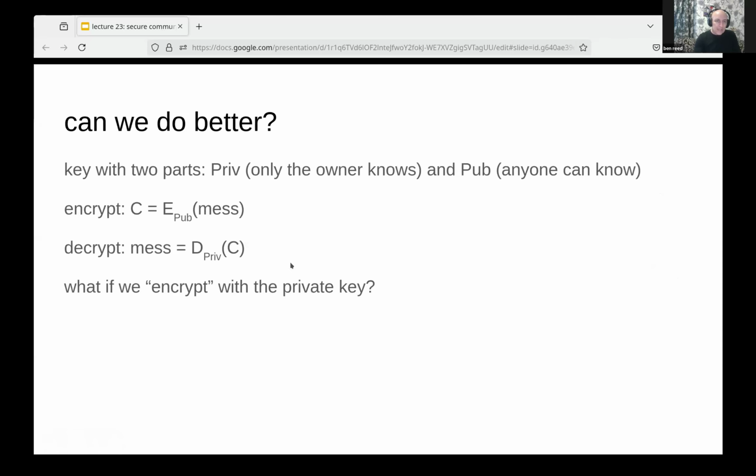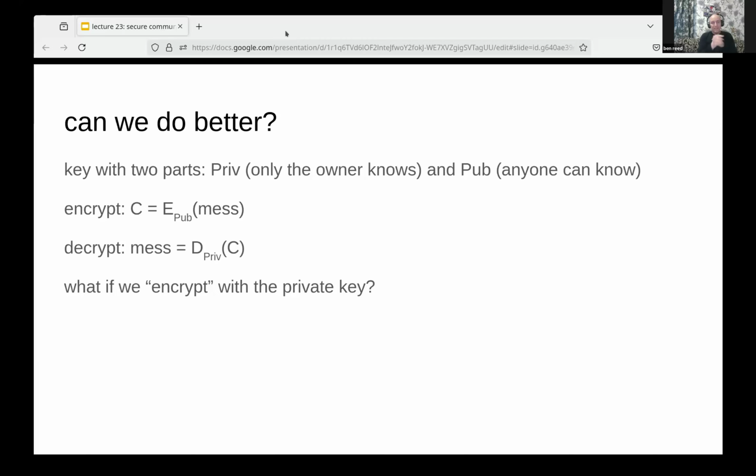Whereas in this slide, this ciphertext that corresponds to the message can only be decrypted by the owner of the private key. Does that make sense so far? We'll look at how we do it, but if you have any questions, let me know.